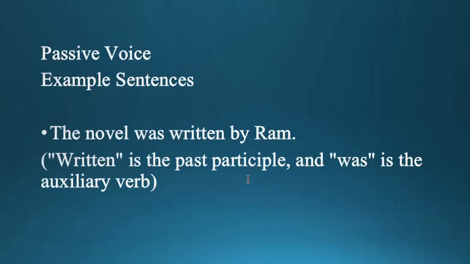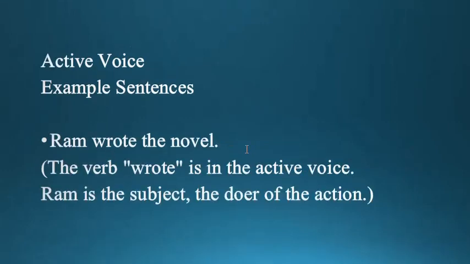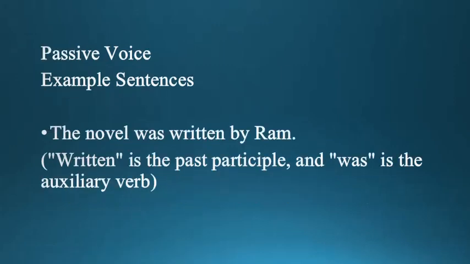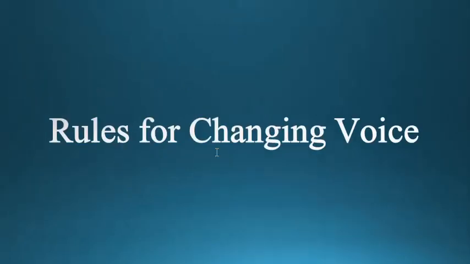Written is a past participle and was is the auxiliary verb used here. We use was because the sentence is in past tense. We'll learn that later. So three major things you have learned up until now: the subject becomes the object, the object becomes the subject, and the past participle form of the verb is used.